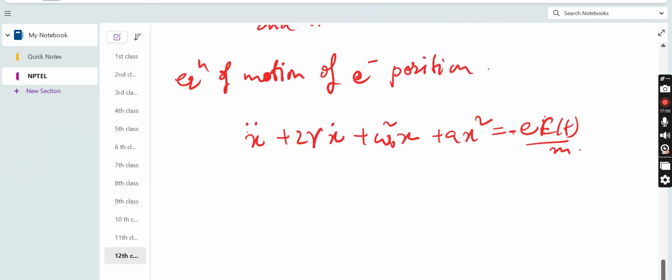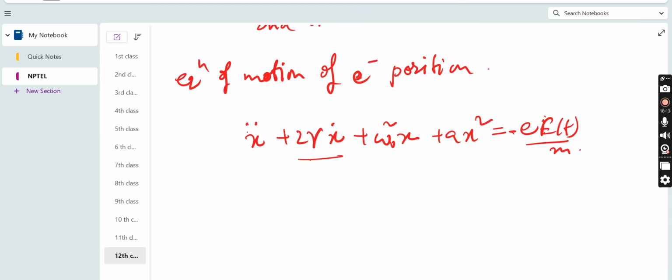In this equation, we have assumed that the applied electric field is E(t), the charge of the electron is minus e, and this is the damping force.